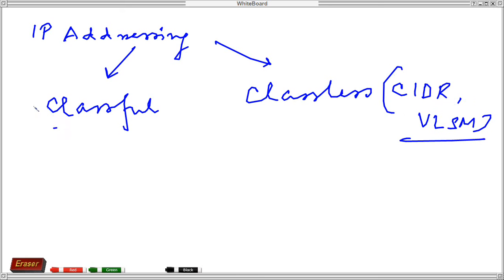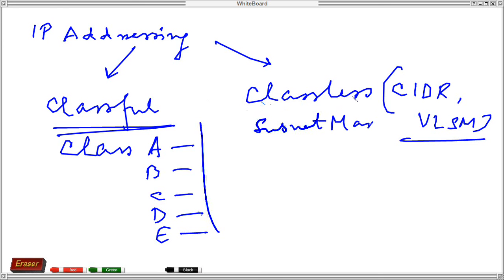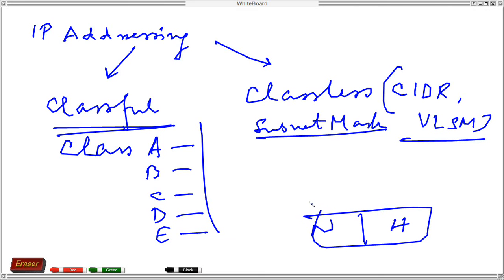Now, when we start talking about classful addressing, we have seen there are 5 classes: class A, class B, class C, class D, class E. And when we have seen the subnet mask, what is subnet mask? Subnet mask identifies the network portion and host portion.